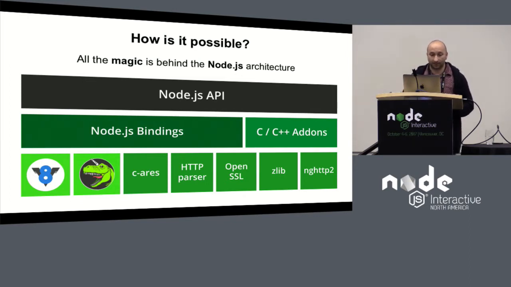V8 is a JavaScript engine that takes care of compiling JavaScript code and executing it, and through its API, we can create objects, functions, and do almost everything that we do on the JavaScript side. libuv is a high-performance event I/O C library and has the responsibility to handle the event loop, our main thread, and all asynchronous I/O. We will use the libuv API to create asynchronous functions.